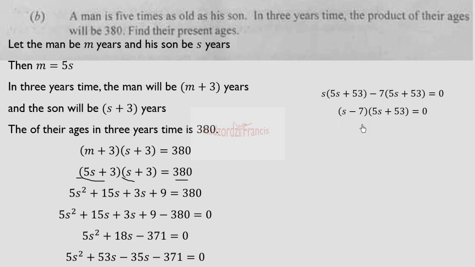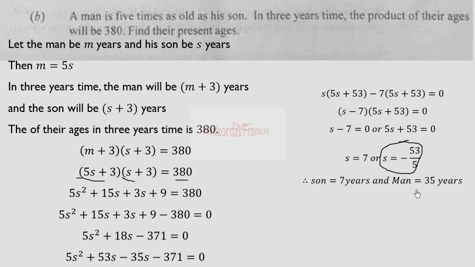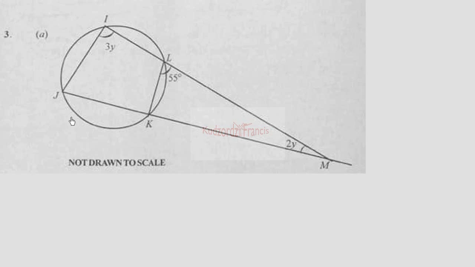So we factor further and we realize that one of the numbers is going to be negative, so we discard this one. So the son is 7 years, hence the man will be 5 times 7, which is 35 years. Let's look at the number 3.